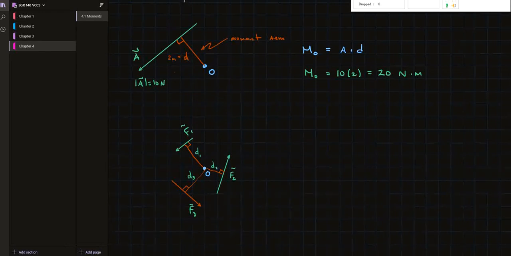So we can have a resultant moment then. The resultant moment about O equals the sum of all moments about O, equals the sum of all forces times perpendicular distances.